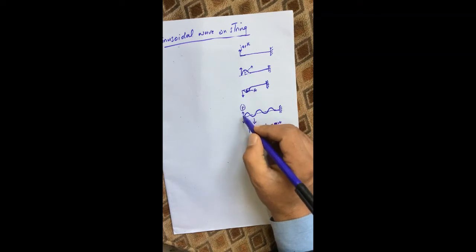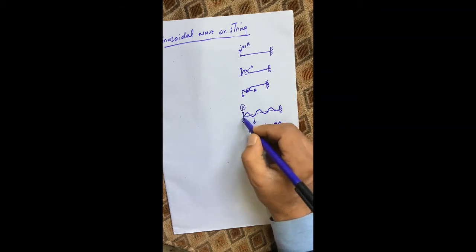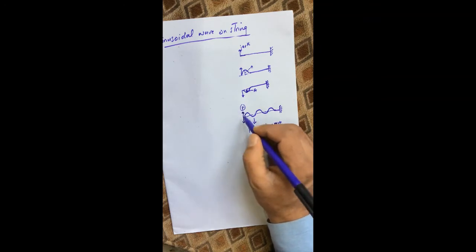This force is periodic because in one interval we are jerking the string in the upward direction, in the next interval we are jerking the string in the downward direction, and then the next jerk is upward and the next one is downward. So this is the external force we applied in a simple harmonic motion way.